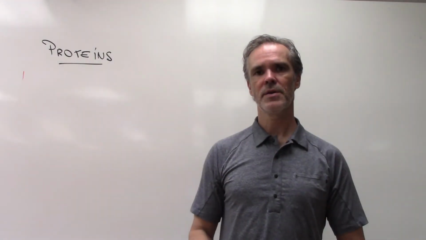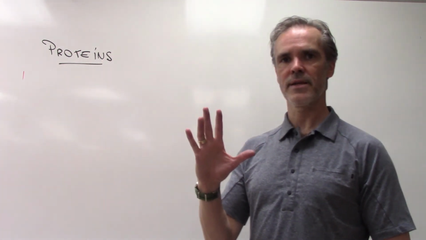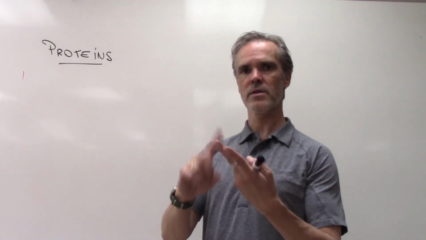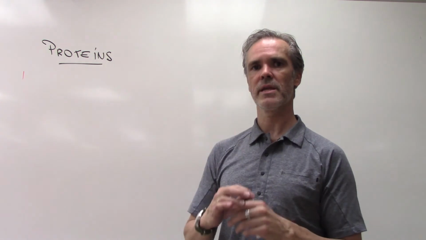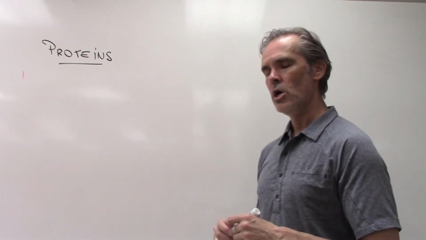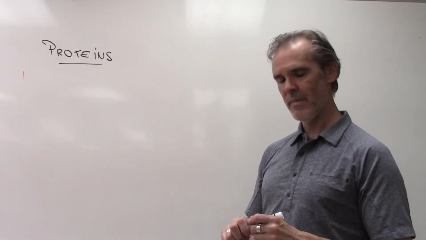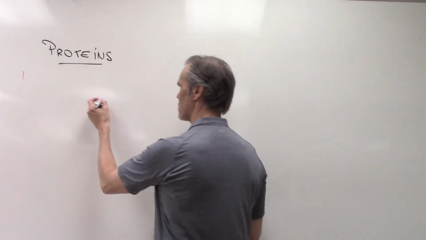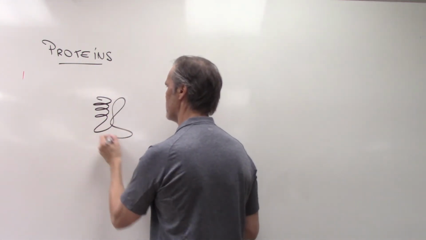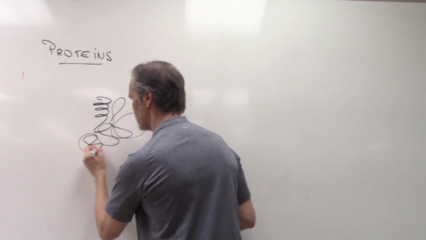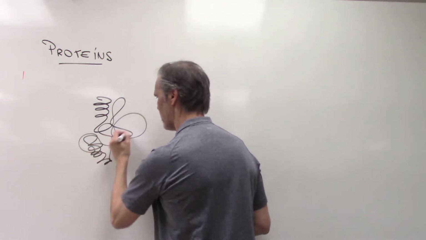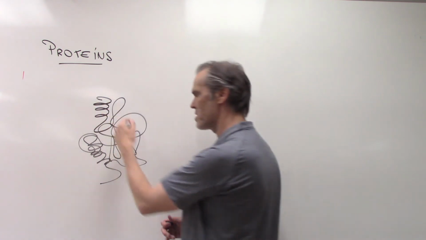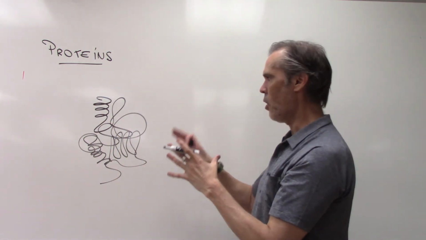What I want to talk about now is the last level of organization of proteins. So primary, secondary, tertiary. The one missing now is quaternary. So let's just imagine that our structure that I've drawn, that multi-domain structure here with different alpha helices and beta sheets and all of that, is kind of a messy organization.